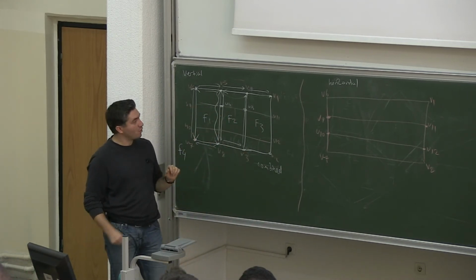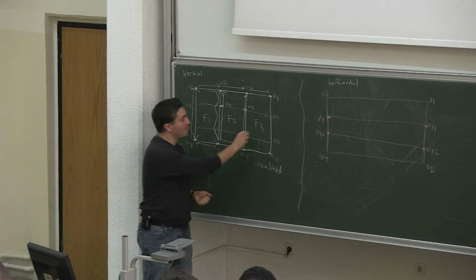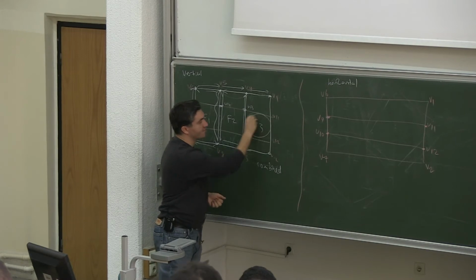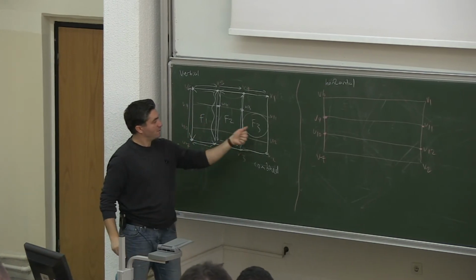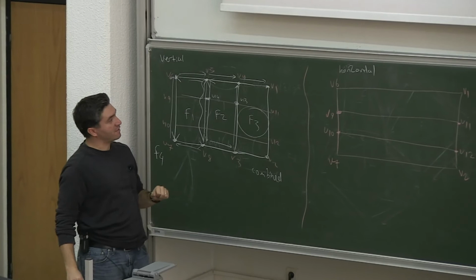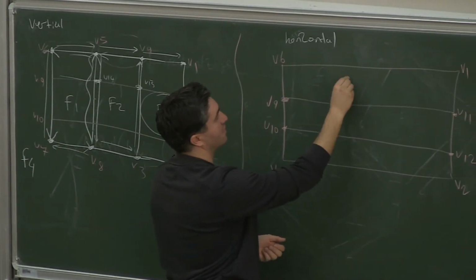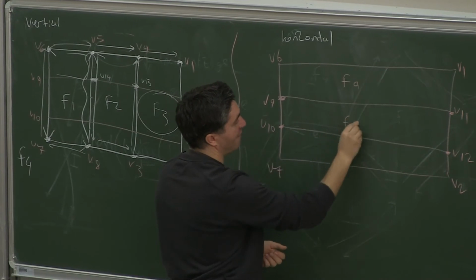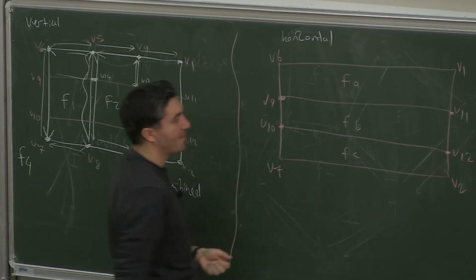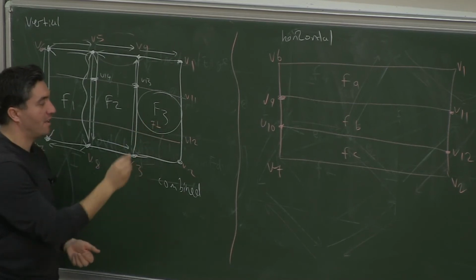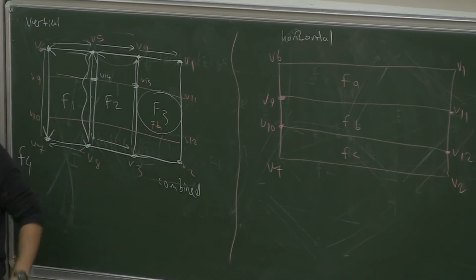So what we also want to find out is that, for example, this region contains F3 from the vertical subdivision, and let's name them, for example, FA, FB, FC, and it contains, for example, FB from the horizontal subdivision.